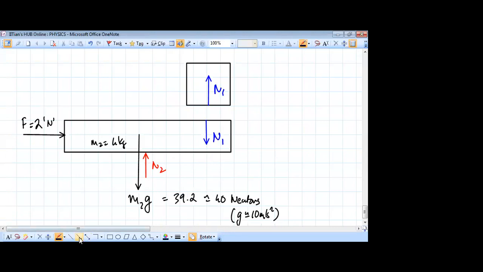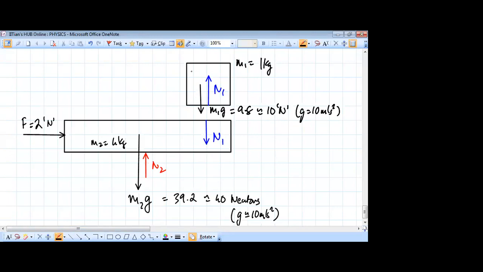And of course, this block has its own weight, which is M1g, which was 9.8 or approximately 10 newtons. We take g as 10 meters per second square because M1 was equal to 1 kg.